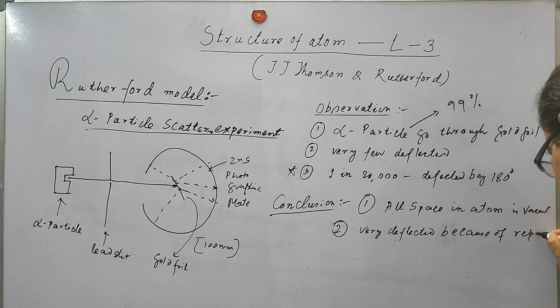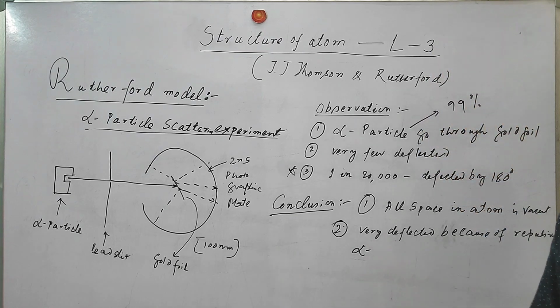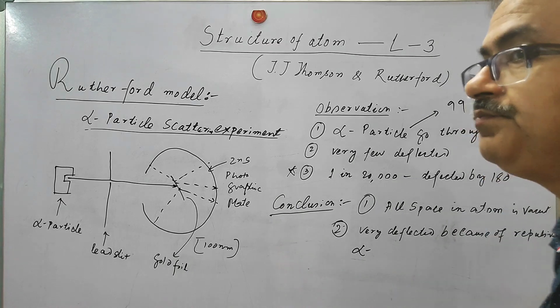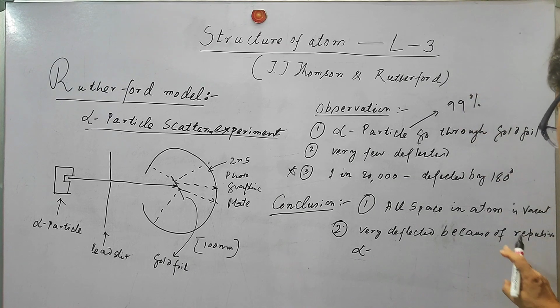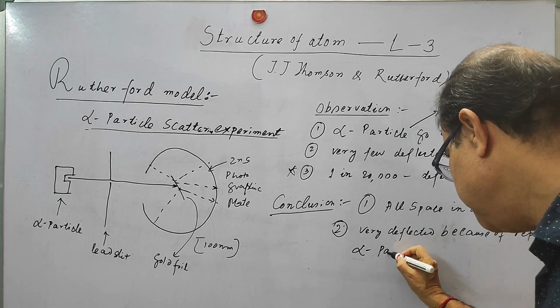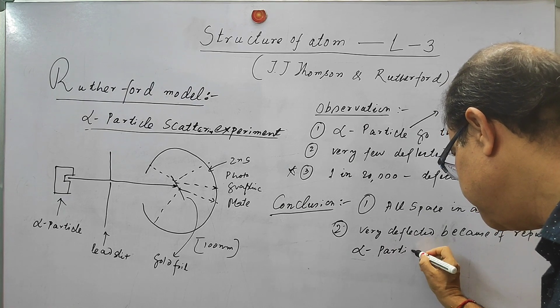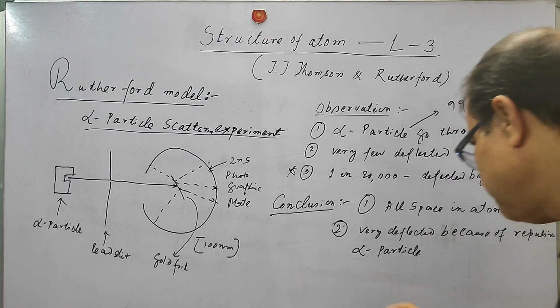Repulsive force with the alpha particle. Alpha particle is a positively charged particle, the nucleus of helium. Because of the repulsive force of the alpha particle with the positive charge of the atom.